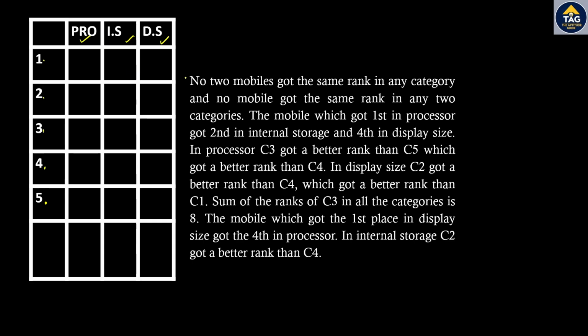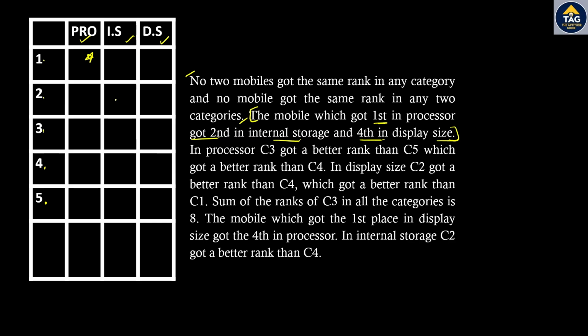Now, this is the part which we discussed earlier. No 2 mobiles got the same rank in any category, and no mobile got the same rank in any 2 categories. Let us start from this point now. The mobile which got first in processor got second in internal storage and fourth in display size. As we cannot predict which mobile got first rank in processor, as we don't know the name, let us mark it with a symbol this way, star.